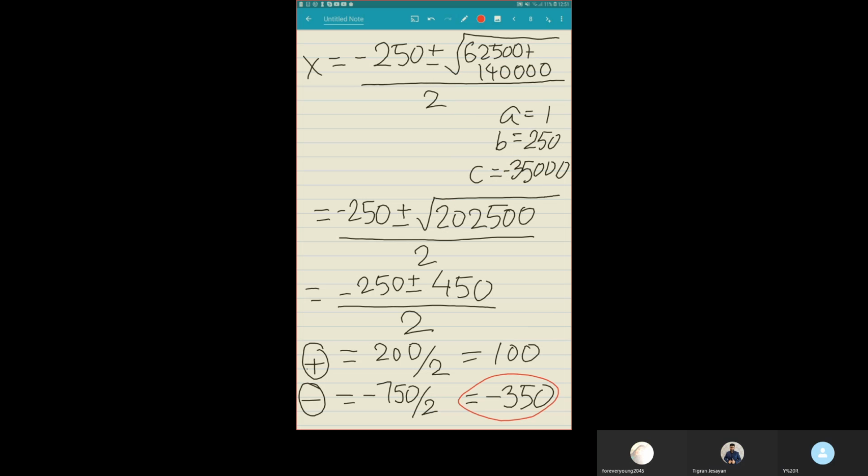Why is yours minus then? It's minus 750. So your B should be minus B, eh? In the quadratic equation, it should be minus B, of course. Maybe I forgot to adjust that.